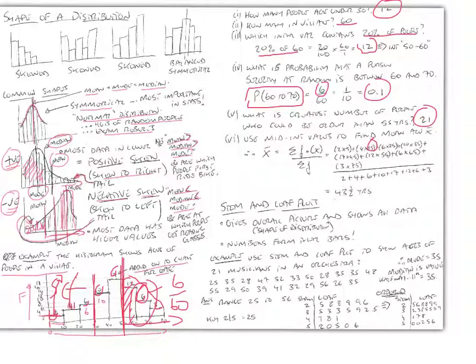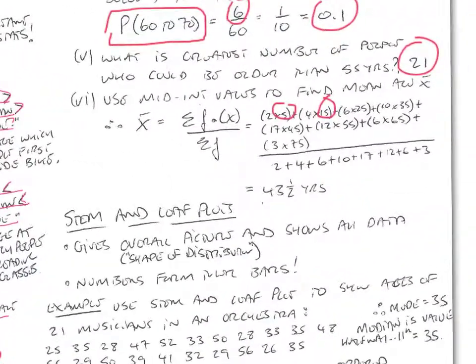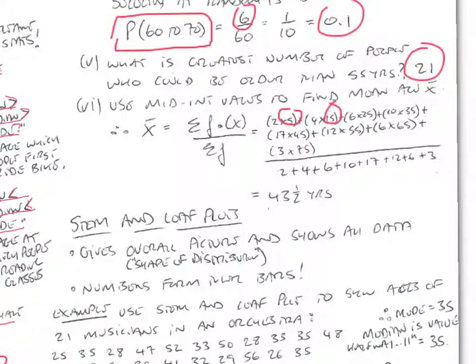And you can see these values, I'll make this a bit larger, reflected here. These are the mid-interval values. We'll multiply those mid-interval values by their frequencies and we'll sum them all. Okay, and we divide that by the 60 people in the village, and the mean average age is 43.5 years.